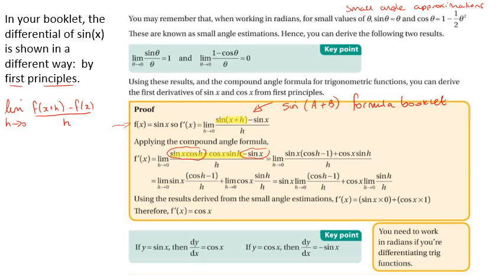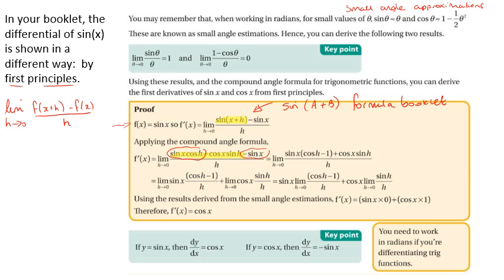Now the next step is to split up this big fraction into two separate fractions. We've got the sine x, brackets, cos h minus 1 over h, so that could be one fraction. And then the cos x sine h over h could be a separate fraction. If we're splitting it into two separate fractions, we could write the limit twice: the limit as h tends to 0 on the first fraction, and the limit as h tends to 0 on the second fraction.